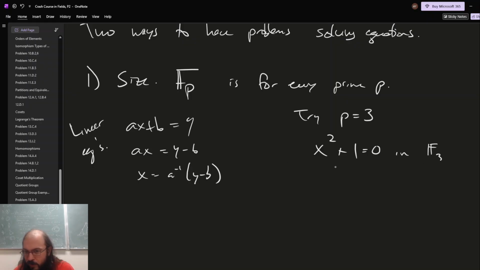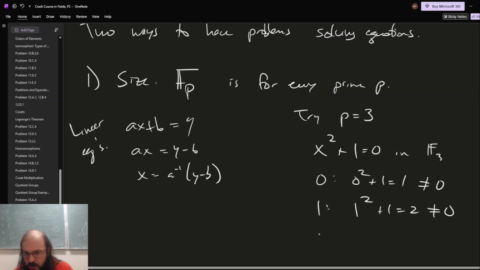So there are only three things that could possibly work here. I have 0, which gets me 0 squared plus 1, which is 1, not 0. I can try 1, which is 1 squared plus 1, or 2, which is not 0. And I can try 2, which is 2 squared plus 1. 2 squared is 1 in F_3 because it's 4, and 4 is equivalent to 1 mod 3. So that's 2, not 0.